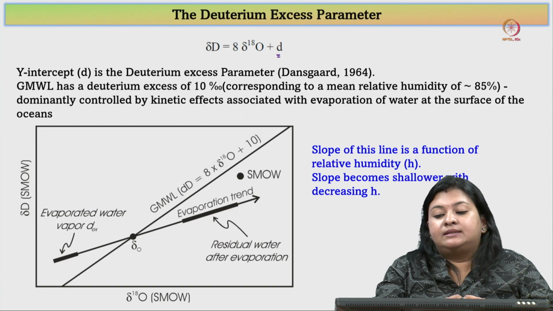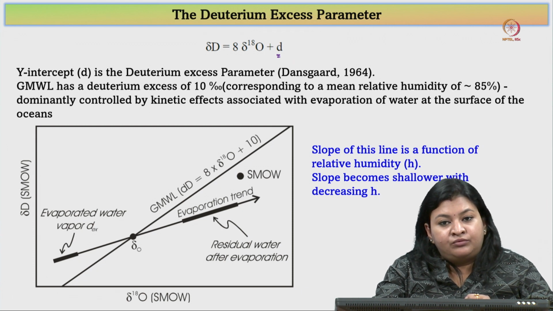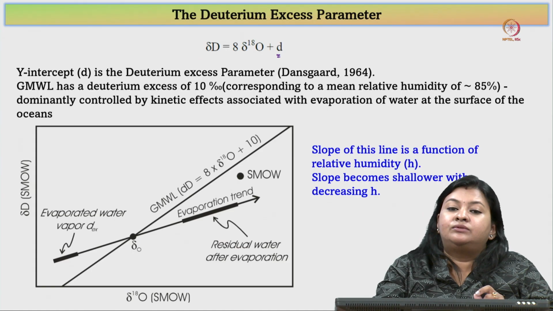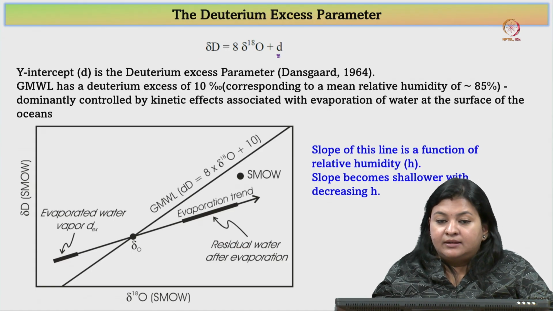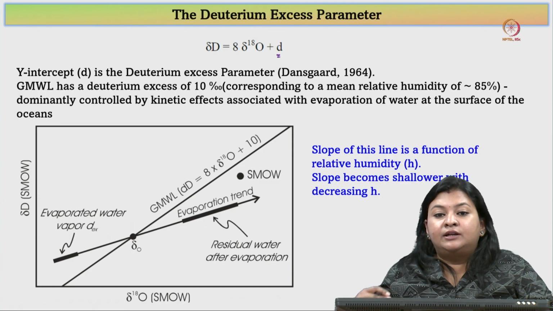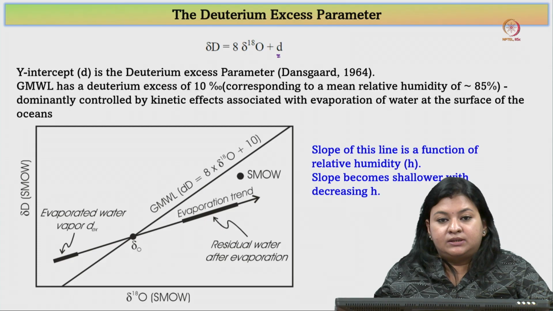This d-excess value is mostly controlled by the kinetic effects associated with the evaporation of water at the surface of the ocean. It is more the kinetics rather than the thermodynamics of the evaporation process.